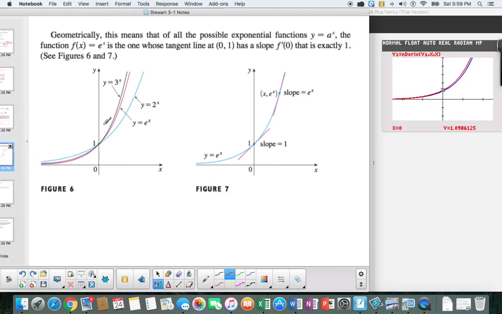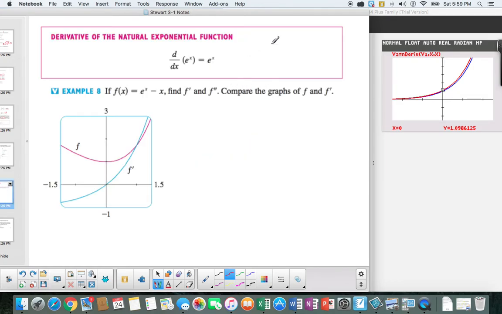All right, so here is y equal to 3 to the x power, y equal to 2 to the x power, and here is that base that's going to satisfy that requirement, in which at 1 the slope of this e to the x is going to be equal to 1.